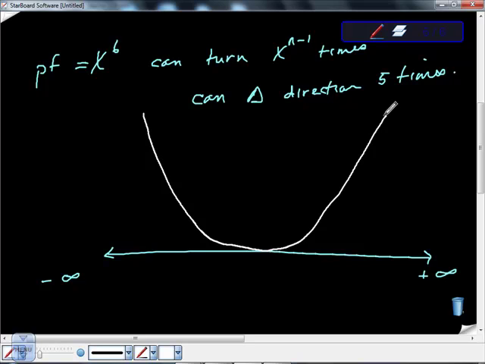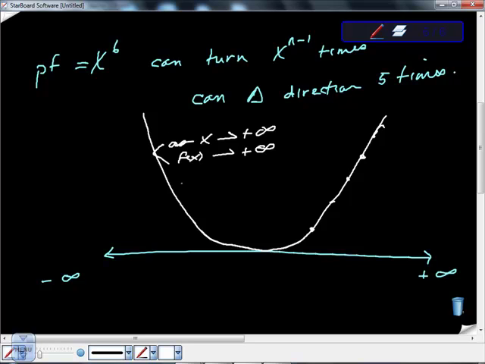I'm not saying this is the perfect illustration, but to get end behavior, you just write two statements. As x approaches positive infinity, f of x, the height, approaches what? As I keep moving to the right, I keep going up, so f of x approaches positive infinity.